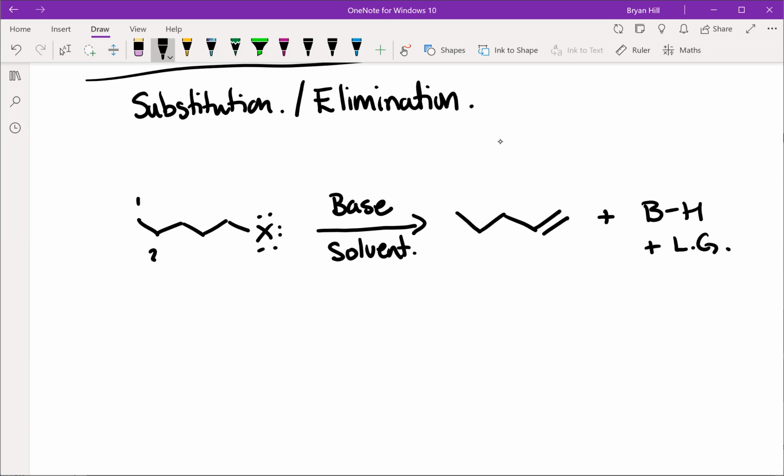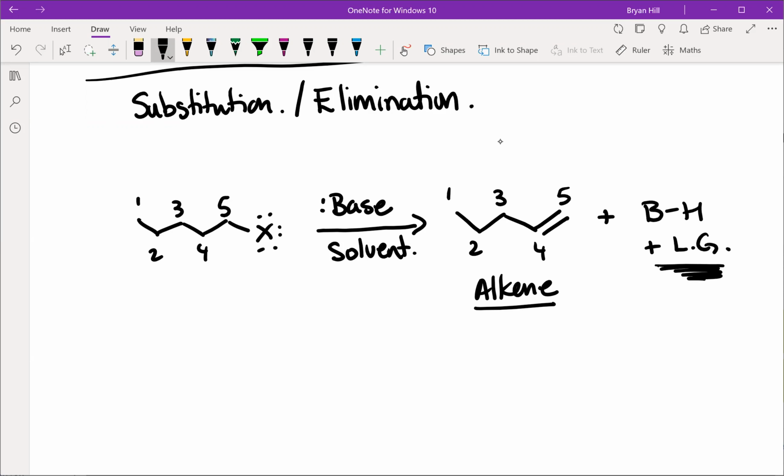So 1, 2, 3, 4, 5. In an elimination reaction, we actually make an alkene. And the base, instead of attacking the carbon, grabs a proton from carbon 4 to make an alkene. So this is where your base gets protonated. You go from being a base to the conjugate acid, and you still have a leaving group which leaves.